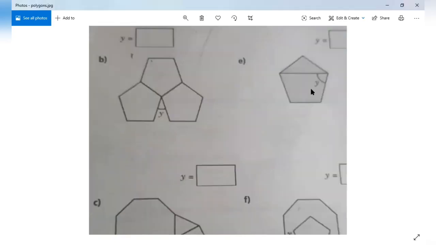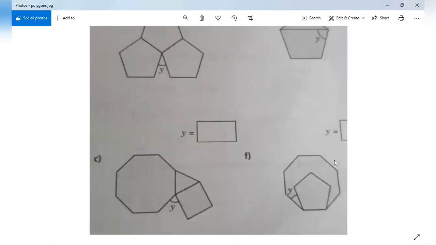Now this is F. 1, 2, 3, 4, 5, 6. So octagon. We've done something on octagon on C. Remember when we did this bit? I hope you wrote it down when we did it. Otherwise, I'm just going to go over it anyway. So for the octagon, an 8-sided shape, what could be the exterior angle?